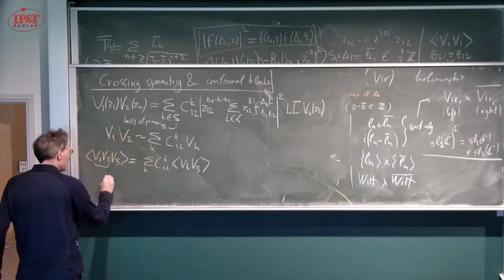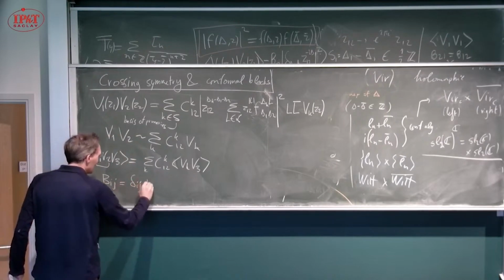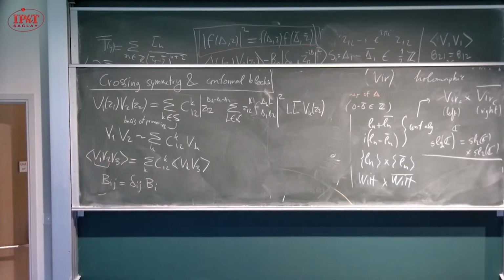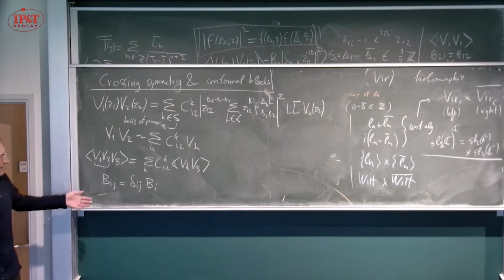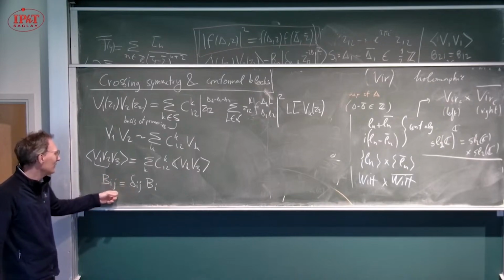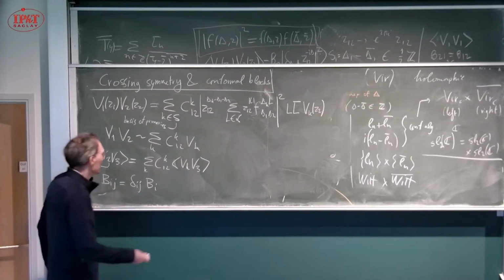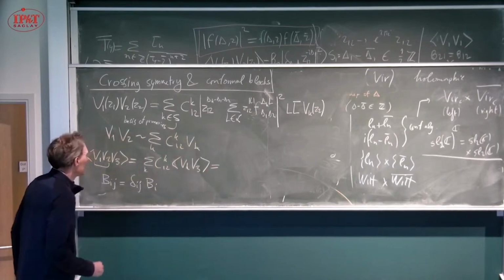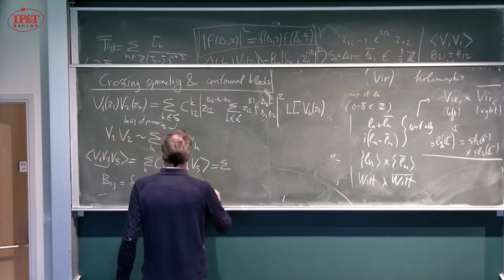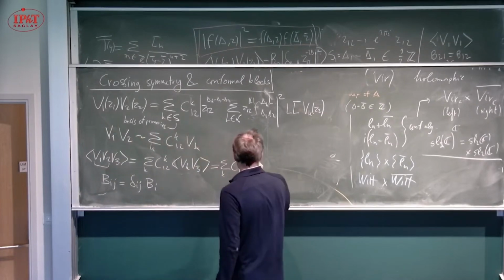But to simplify things, I will assume that B_ij is of the type delta_ij. So I assume that the fields i and j not only have the same conformal dimensions, which they need to have if the 2-point function is not 0, but I assume really that they are the same fields, otherwise it's 0. If you want, I can diagonalize the 2-point functions. So if I do that, I just obtain a sum over k of C_k12, and then this 2-point function becomes delta_k3.